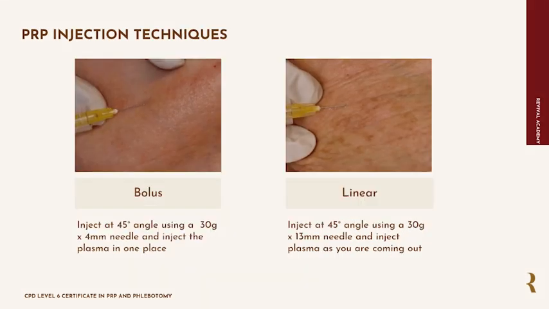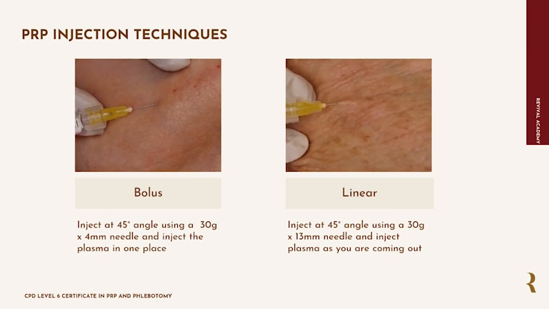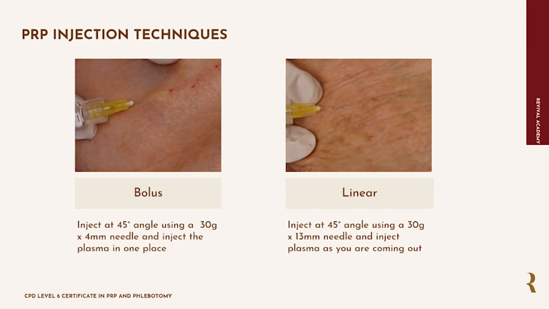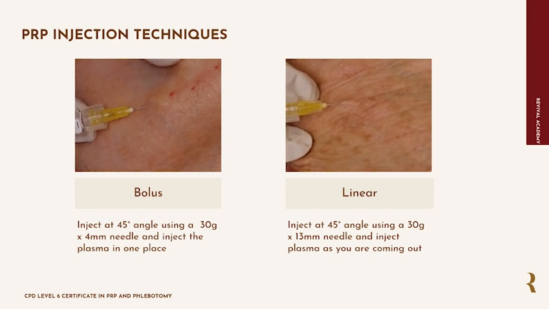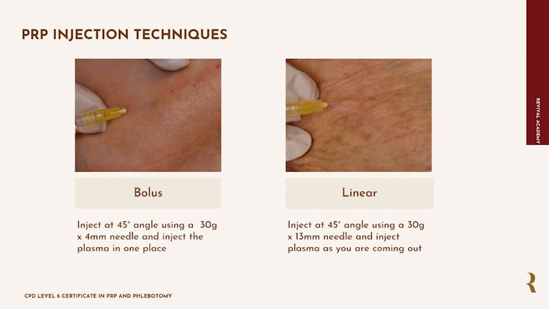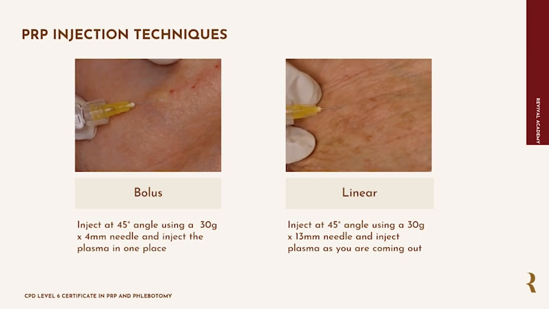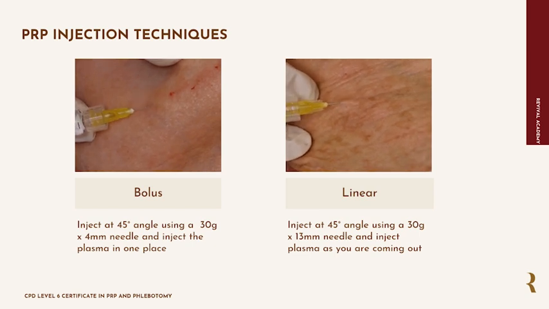Now when it comes to techniques, you have two main techniques that you can use with your PRP injections. You have the bolus technique. This is where you insert the needle and you stay in one place and you inject a bolus, a large amount of product, into one place. As you can see, the needle is not moving anywhere, and you're injecting basically a ball of product in one place.